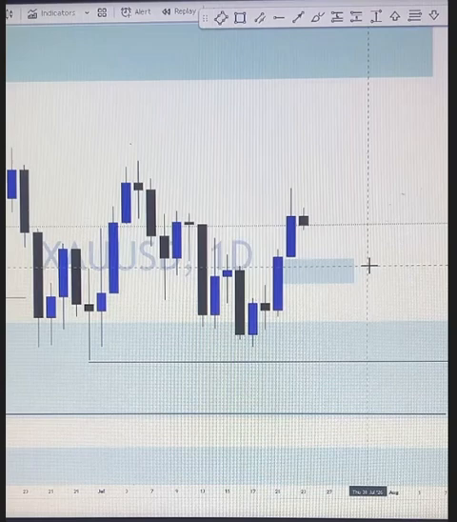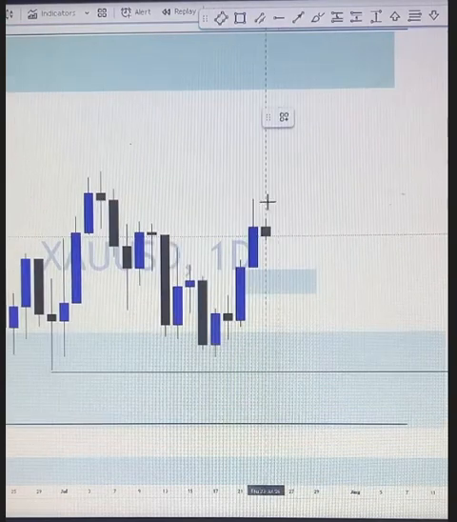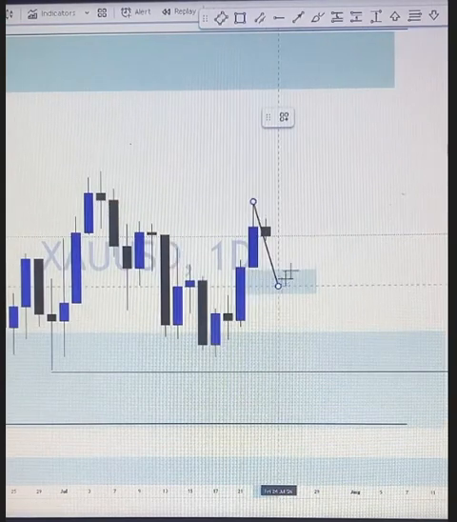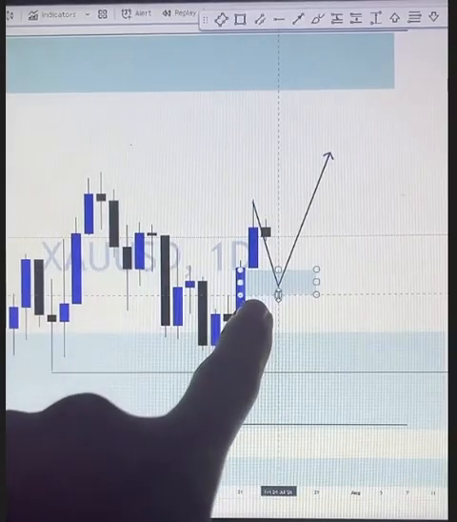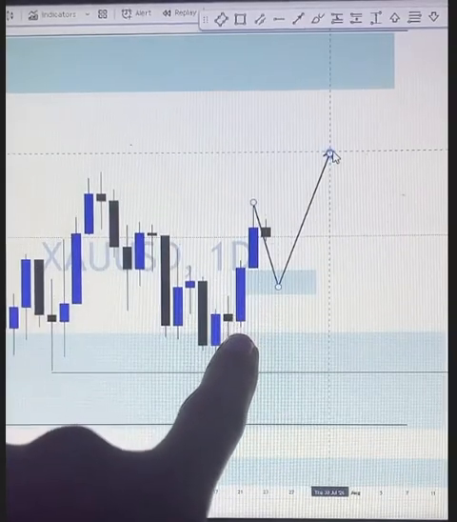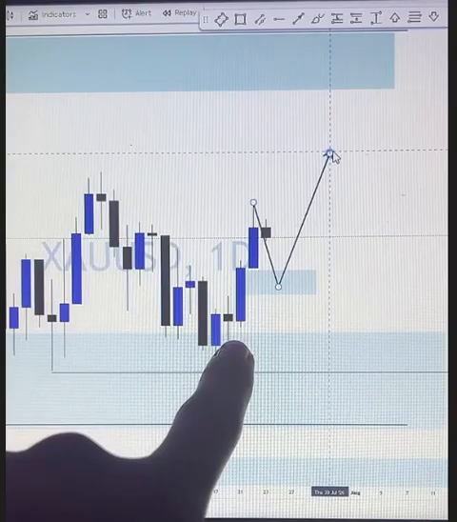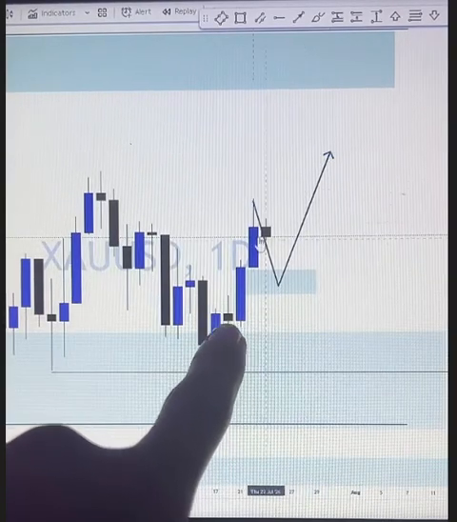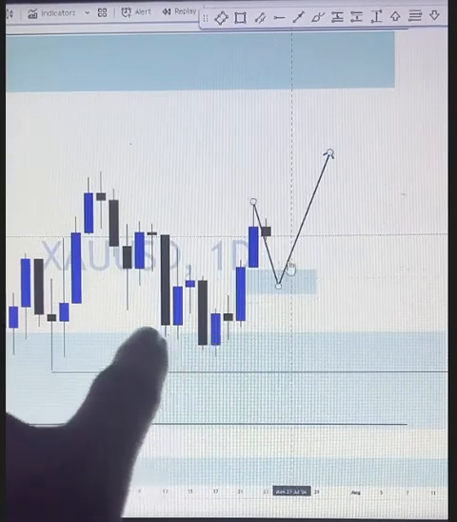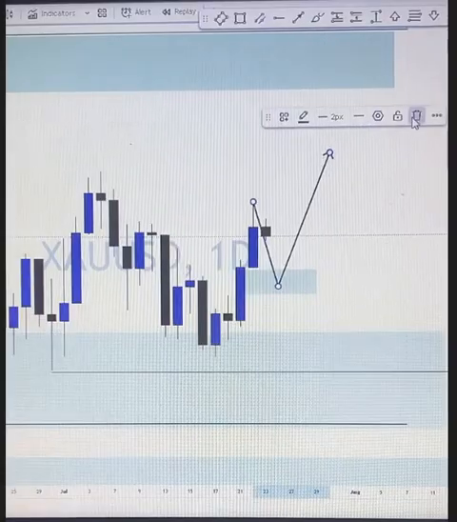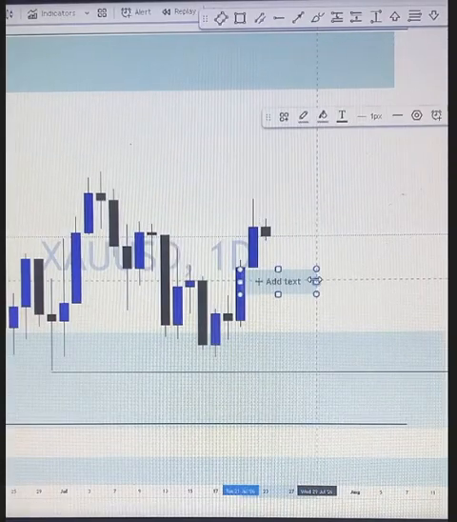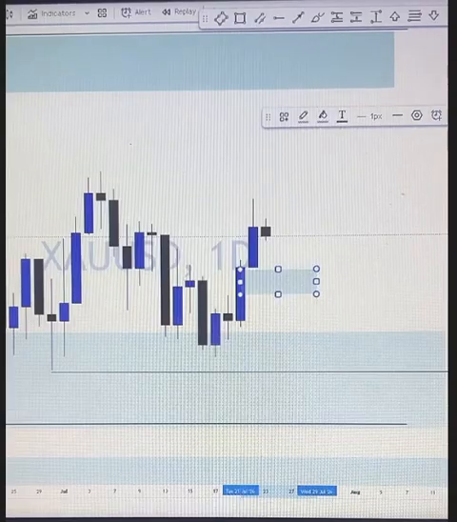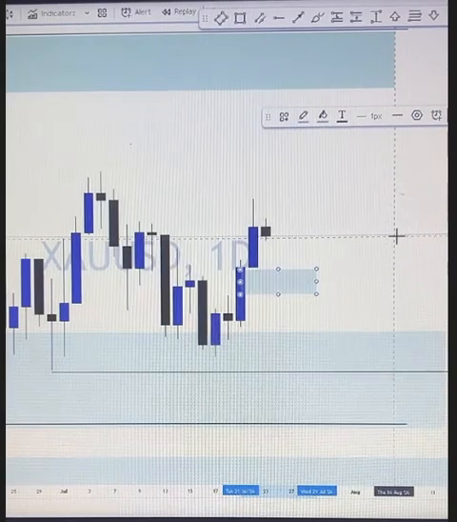You see, this fair value gap has not been traded. Price has not come into it, and we want to see price come into this fair value gap and reject. This fair value gap is going to be our key level where we want to see rejection. So we mark it.